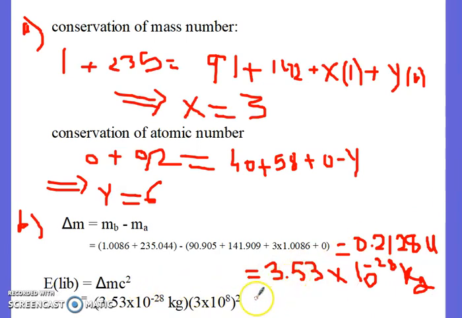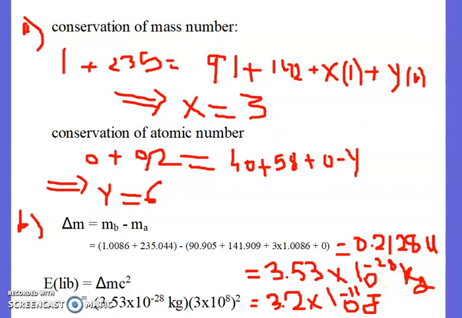If you do the calculation, you get 3.2 times 10 to the minus 11 joules.